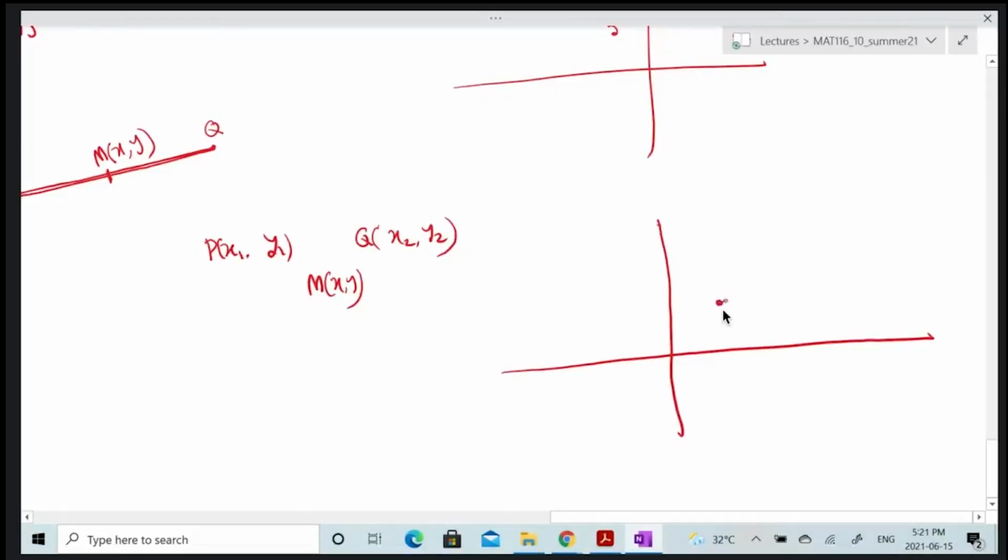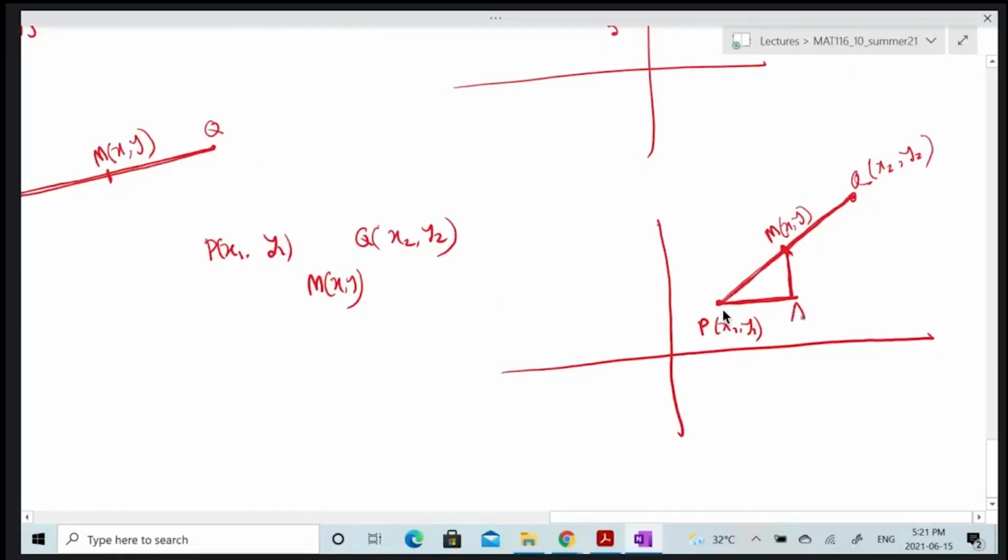This is P and this is Q. I join the line and this is the midpoint M (x, y). This one is x2, y2, and this one is x1, y1. So we will do like before. We draw first a horizontal line up to here, and then we draw a vertical line.